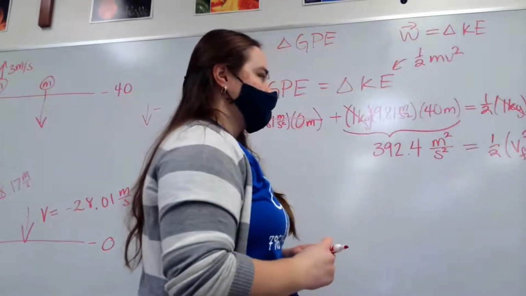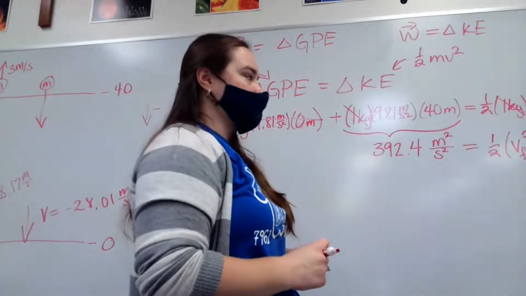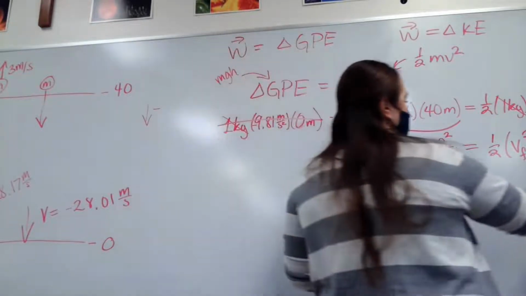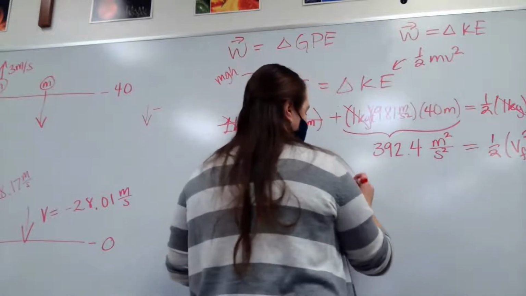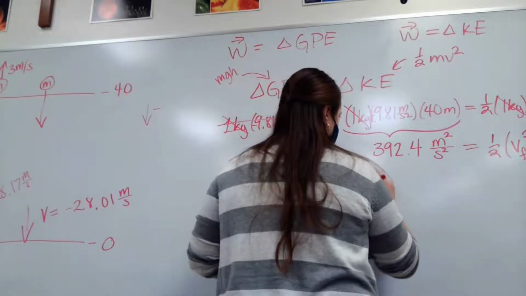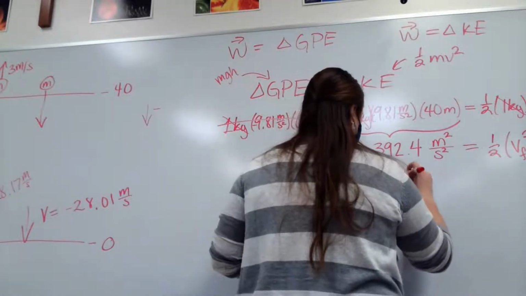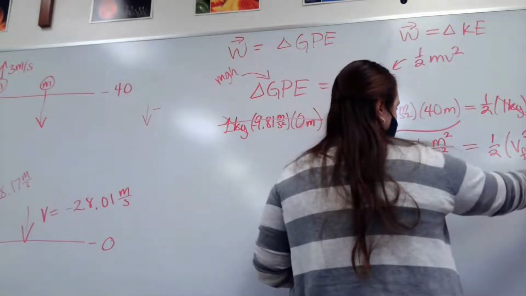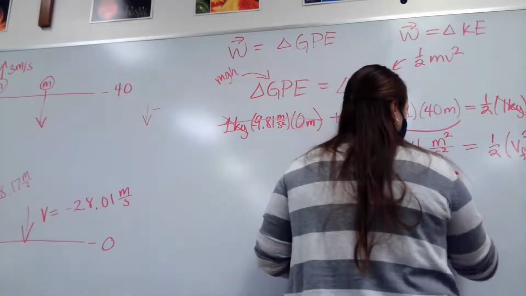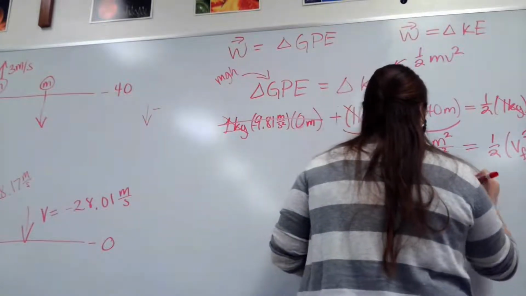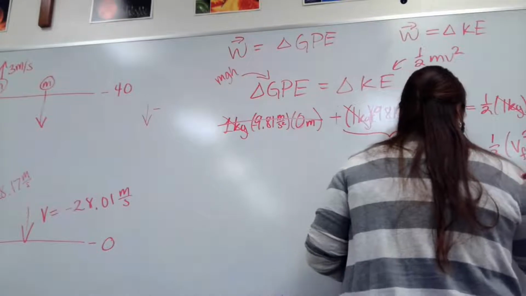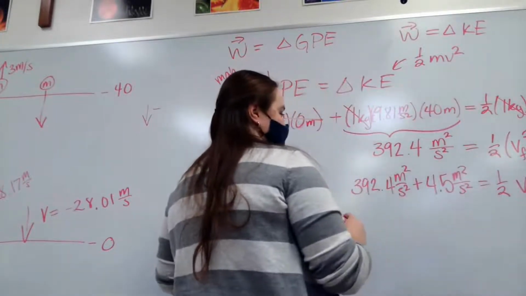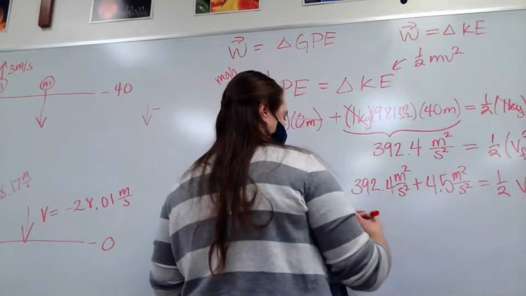Everybody see how the units are going to be fine? Okay. So we want to move this over to this side, so we get 392.4 meters squared over second squared, plus, because this is subtracted, so we need to add it, 4.5 meters squared over second squared. We still have the 1/2 of the final velocity squared. So what do you get when you add these two?